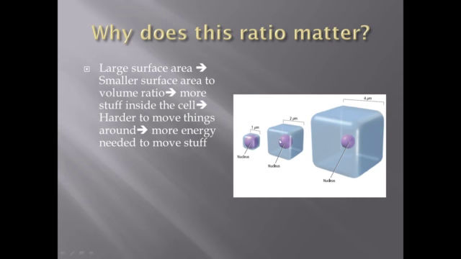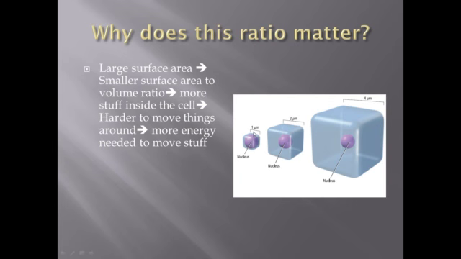Let's look at the examples right here on the right. In these three different cell examples, you have one that's 1 micron. A micron is just a really small way of measuring things. One that's 2 and one that's 4. If you look at each one of these cubes, the one that's 4 microns is just gigantic compared to the one with only 1 micron, even though its sides are only 4 times bigger.